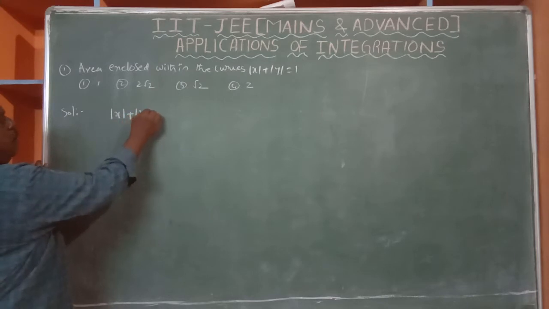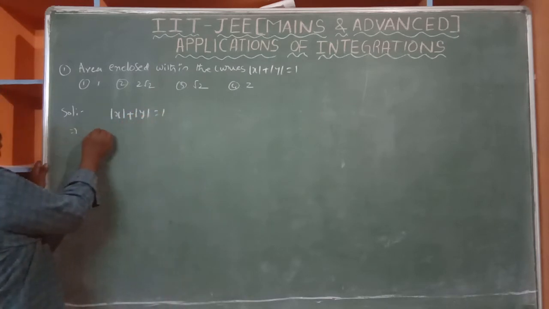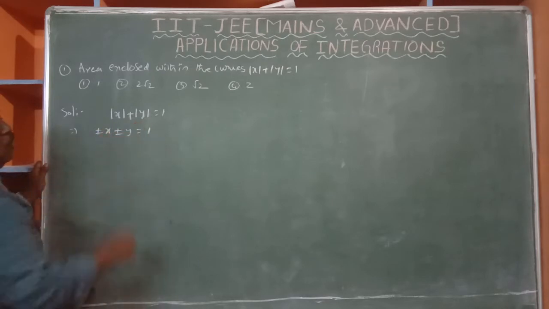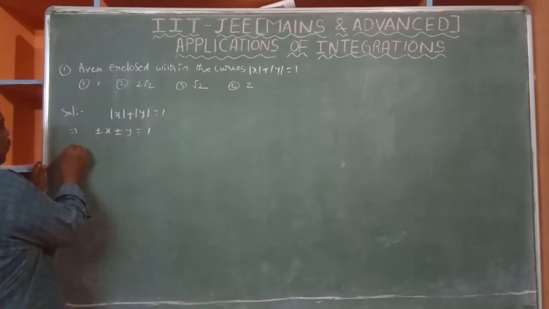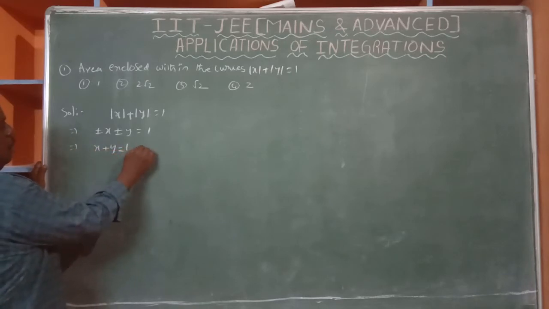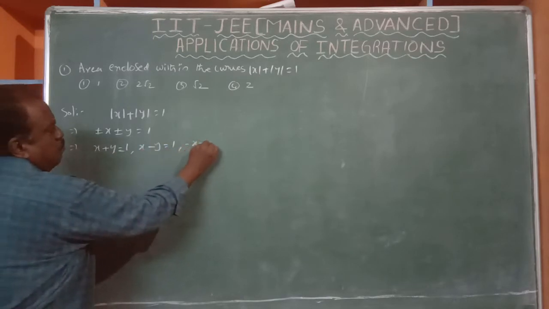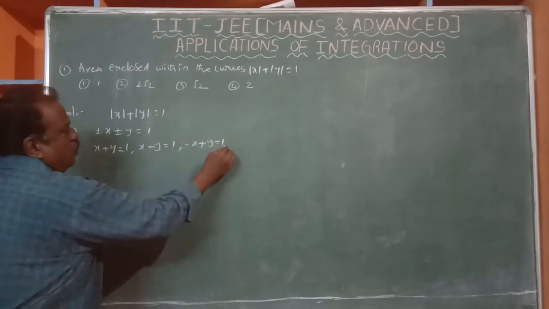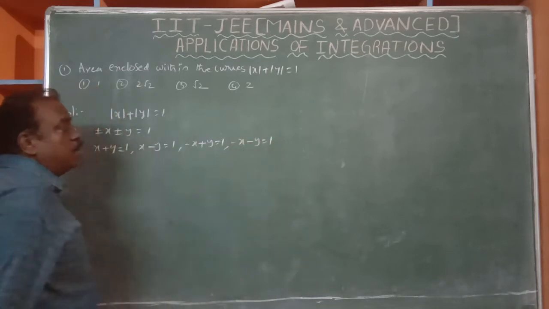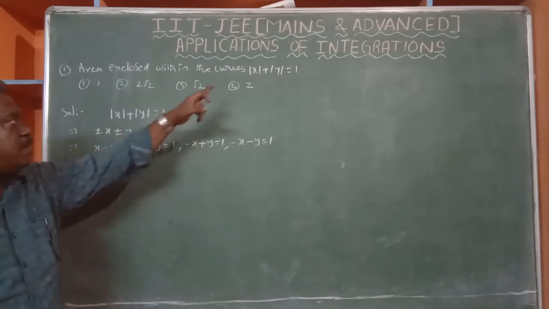Mod x plus mod y is equal to 1 means plus or minus x plus or minus y is equal to 1. That means x plus y is equal to 1, x minus y is equal to 1, minus x plus y is equal to 1 and minus x minus y is equal to 1. There are 4 different types of curves.